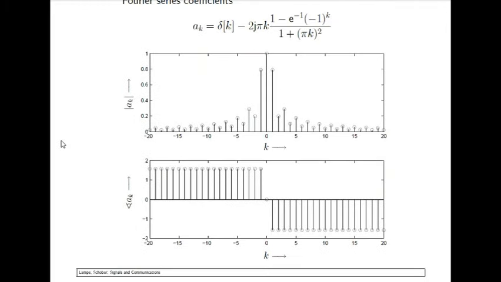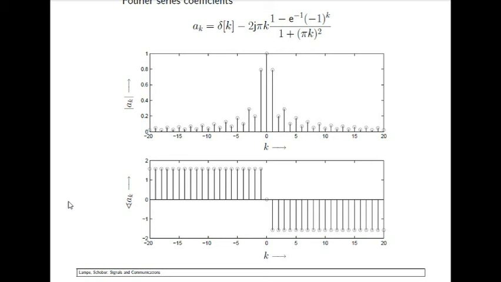The first one is mod ak with k, which is the magnitude spectra, and the second one is angle of ak with k, which is the phase spectra. These spectra are very important, because they will be used many times in this course, and there is also a course in electronics and communication engineering, principles of communication, which is wholly based on these types of spectra, how to plot them and how to use them.